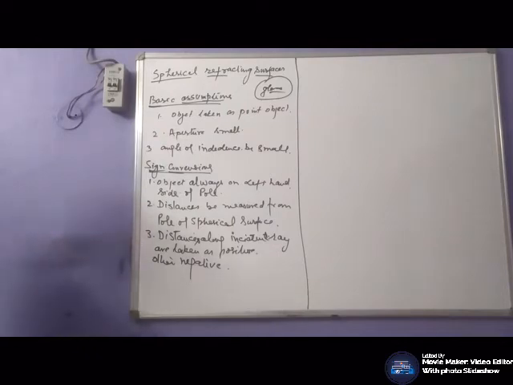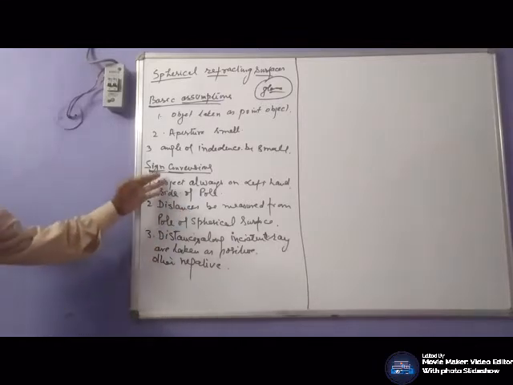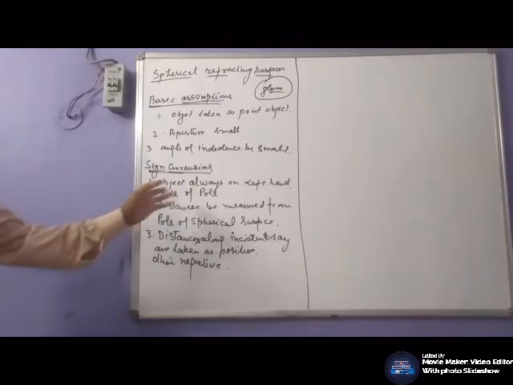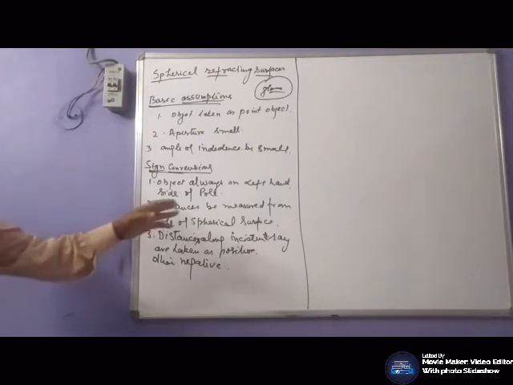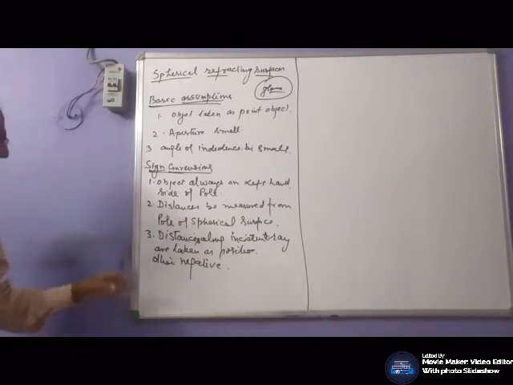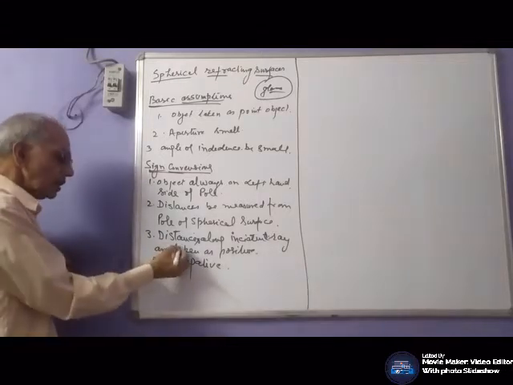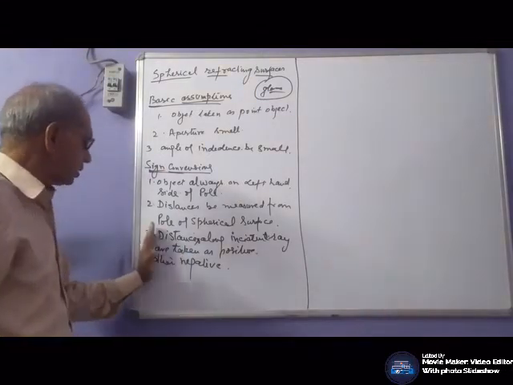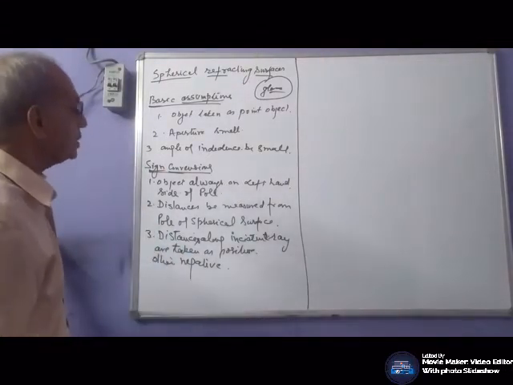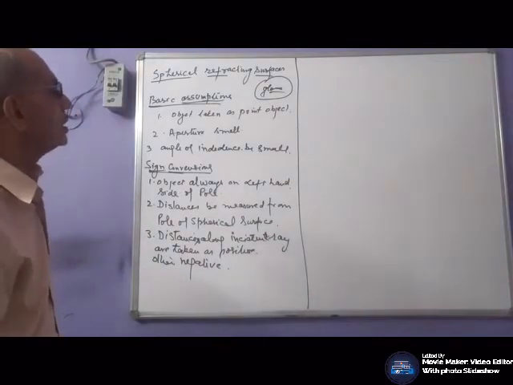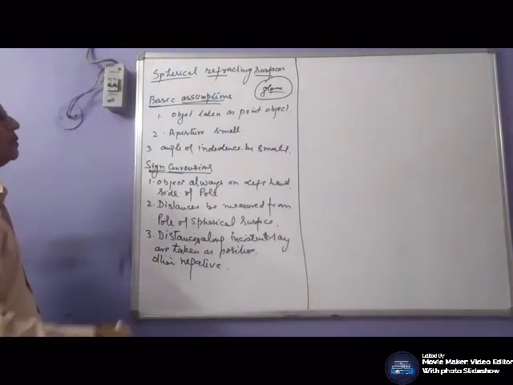Sign conventions: object always on the left hand side, distances measured from the pole, distances along the incident ray are taken as positive, otherwise negative. This means, third, distances on the left will be negative, on the right positive, of this spherical surface.